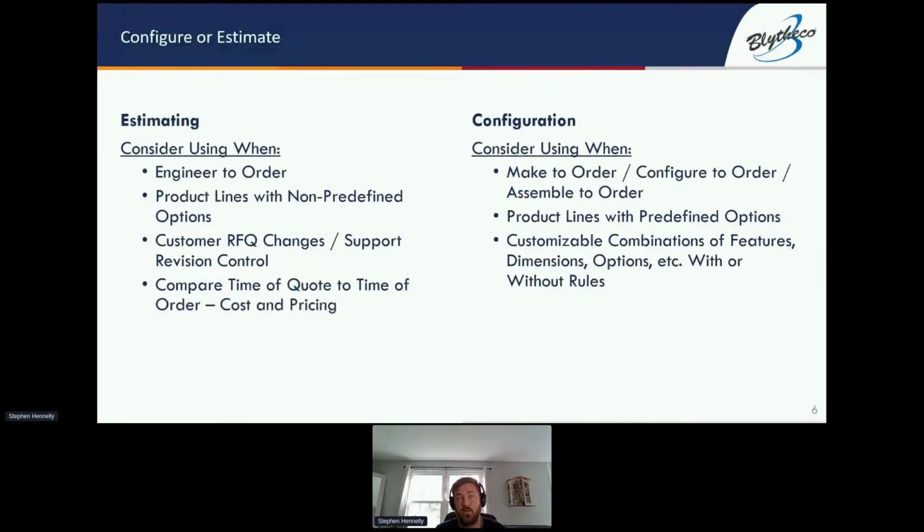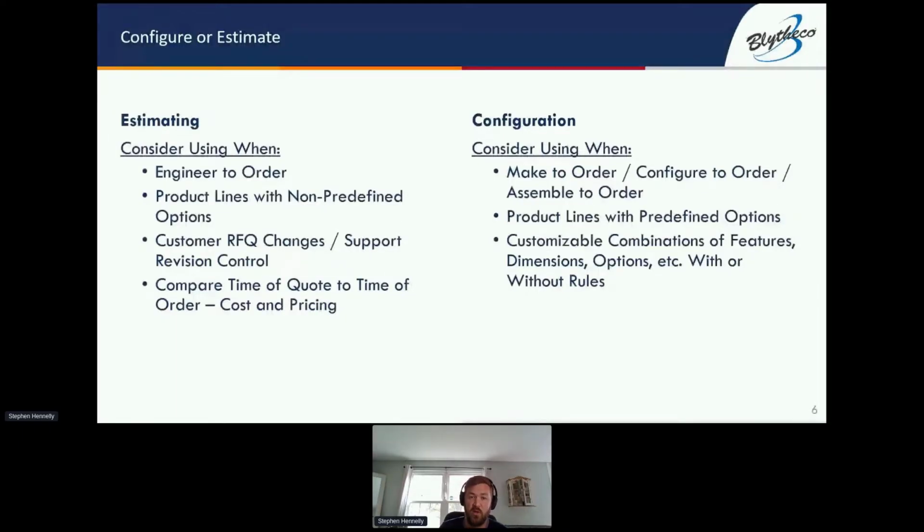On the contrary, with configuration, you are building to a specification. You have rules, features, options, and attributes built out ahead of time in order to come up with the different scenarios that could be done. Then a customer or a salesperson is customizing to that need, right?